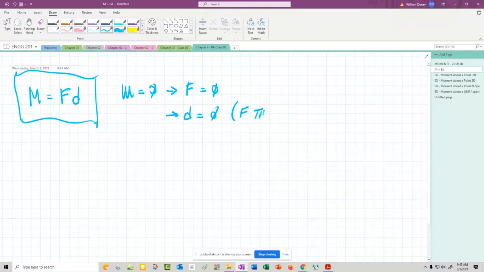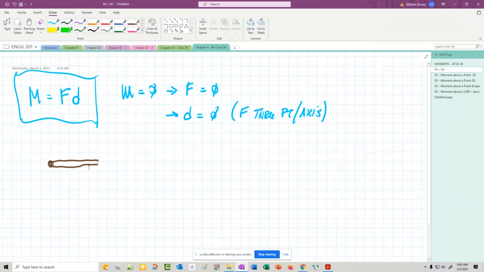For the distance equals 0, the force is acting directly through the point or the axis of interest. The force is pushing through the axis or point of interest.